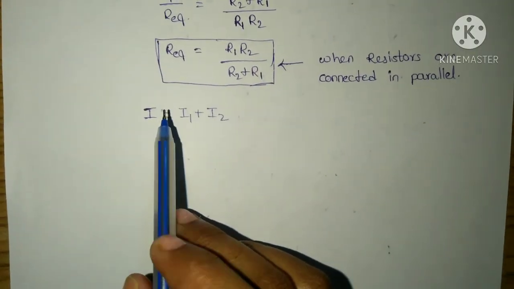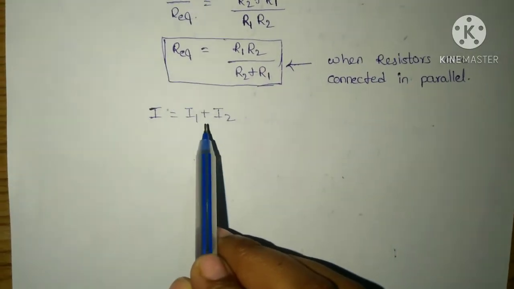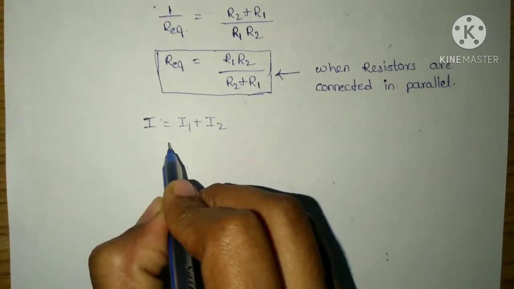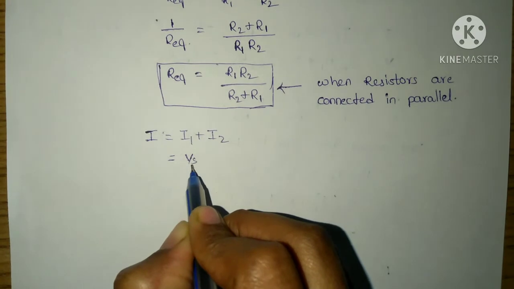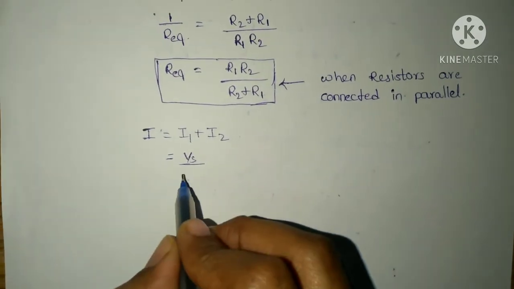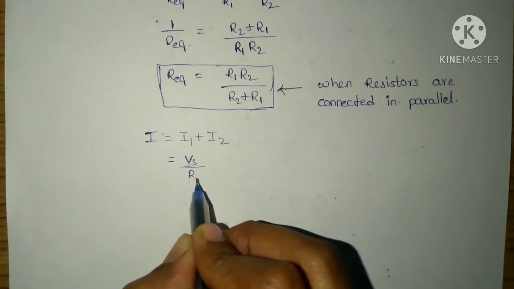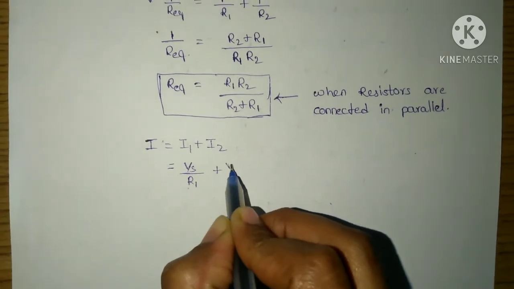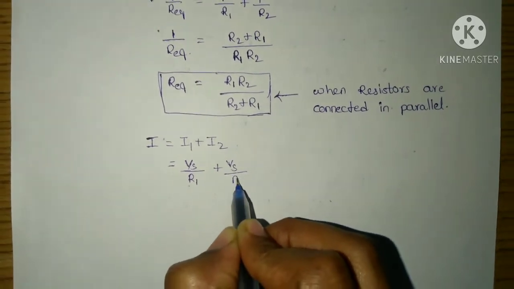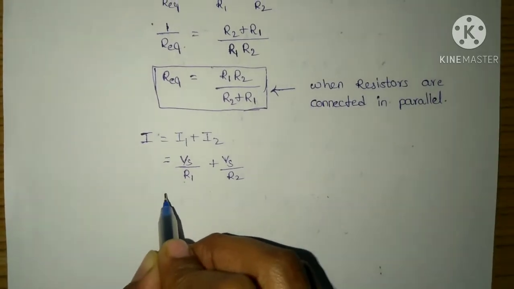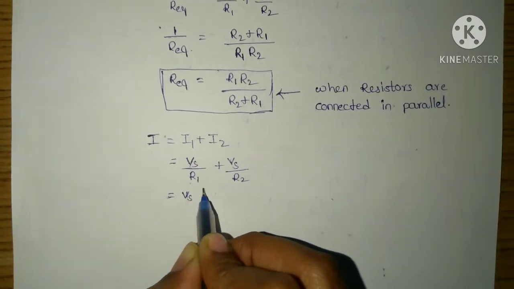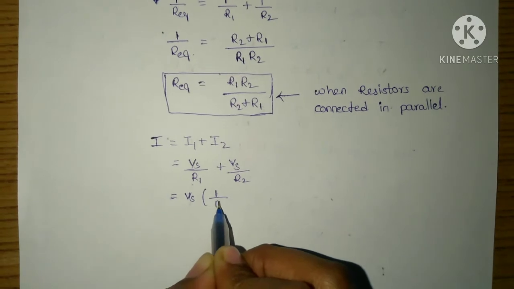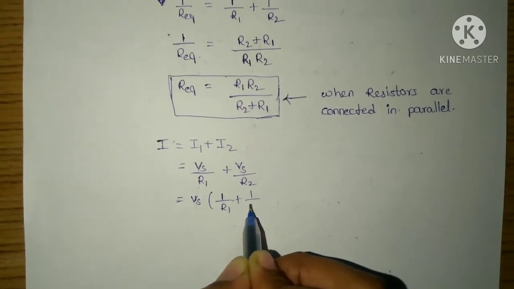Using this formula, we can write V of S by R1, since the voltage across the resistor R1 is the same, plus V of S by R2. If you take V of S as common, we get 1 by R1 plus 1 by R2.